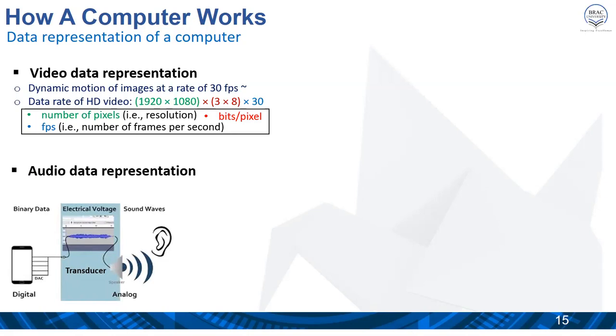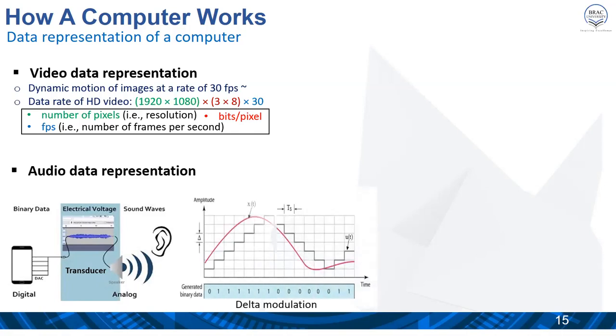At first, the sound wave is converted into equivalent electrical signal, and a device called transducer is responsible for converting the mechanical pressure into electrical energy, and then the electrical energy is converted into digital data by using analog to digital converter, ADC.